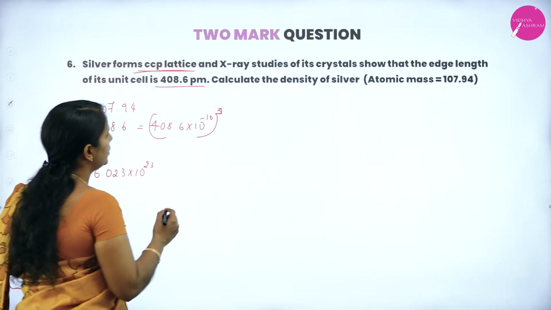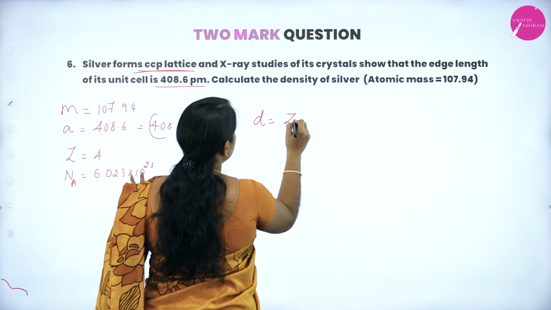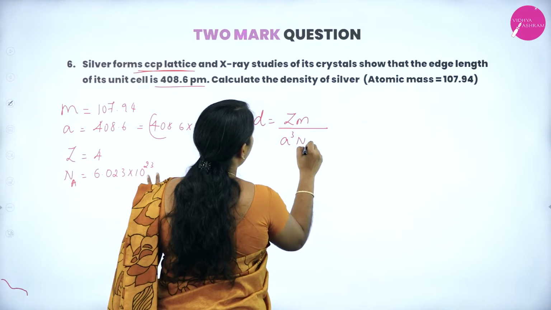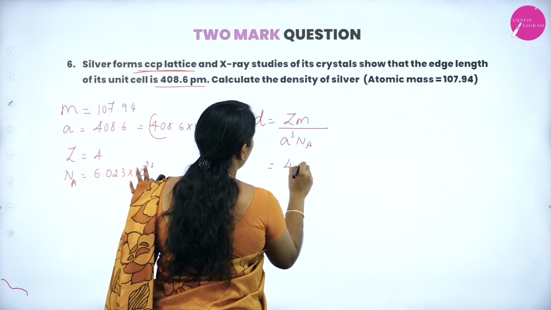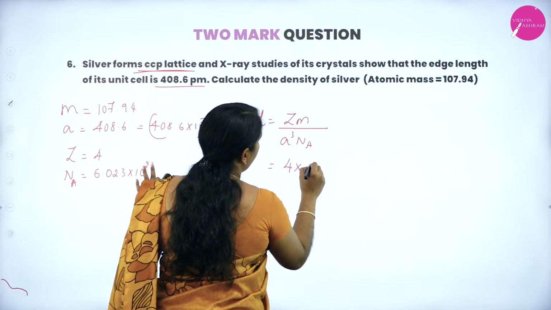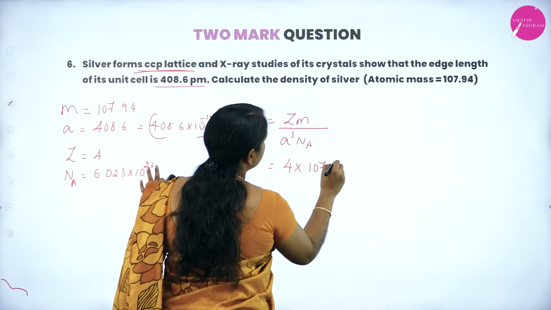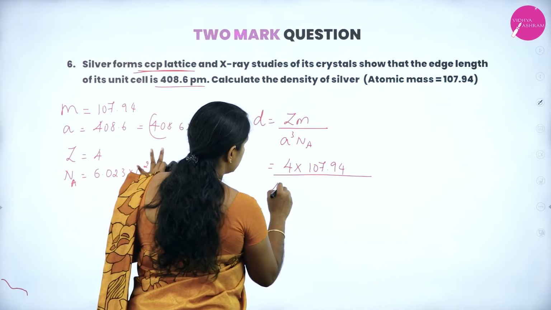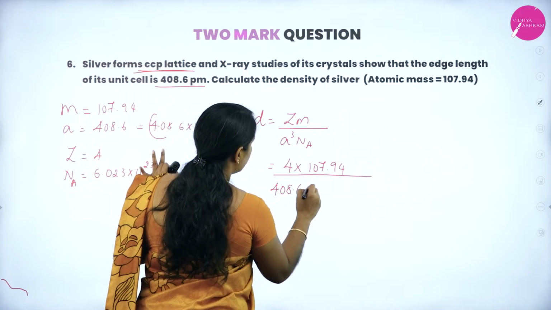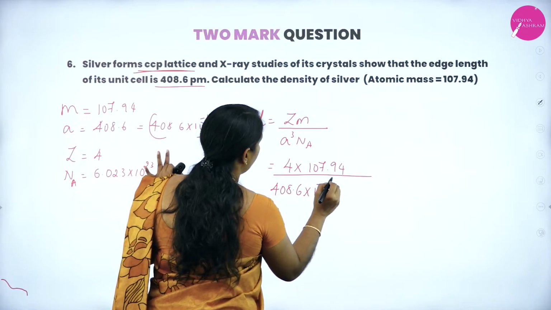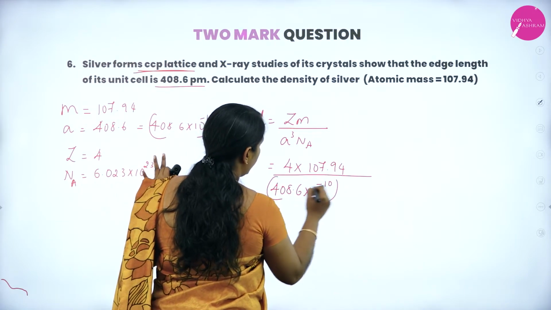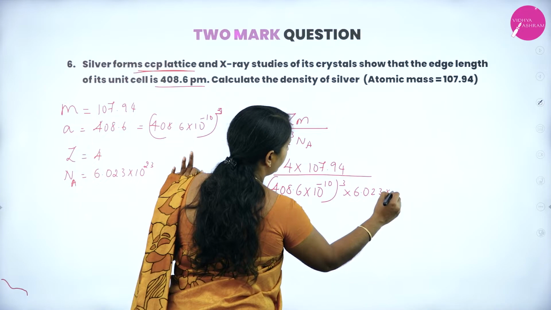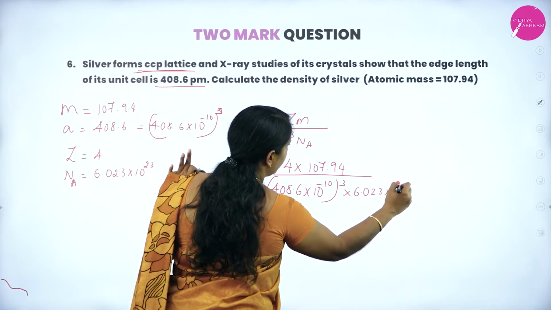Now we will substitute into the equation, D is equal to Z into M divided by A cube into Na, where Z is 4 and M is 107.94, divided by 408.6 into 10 to the power of minus 10 whole cube into 6.023 into 10 to the power of 23.